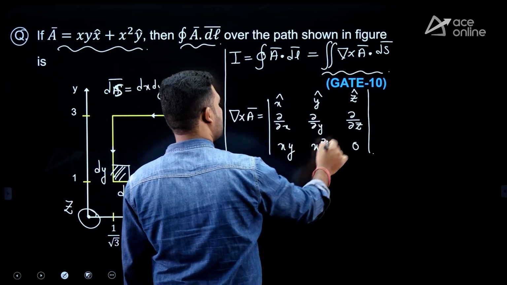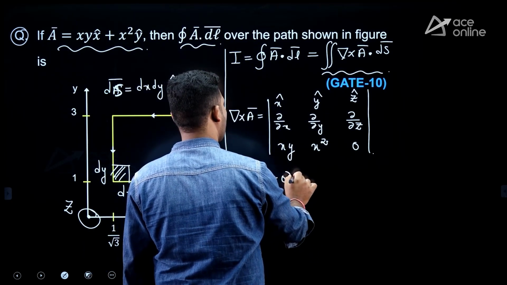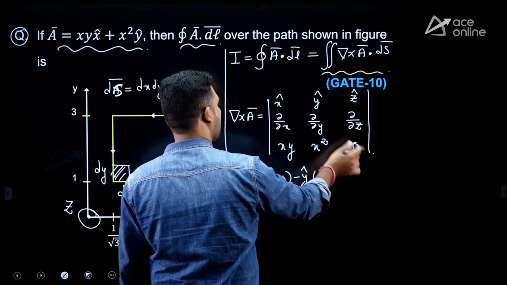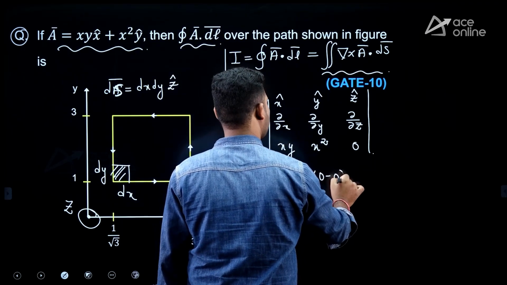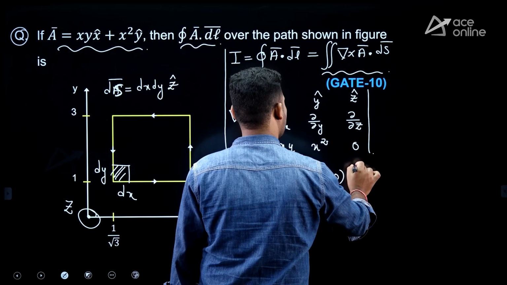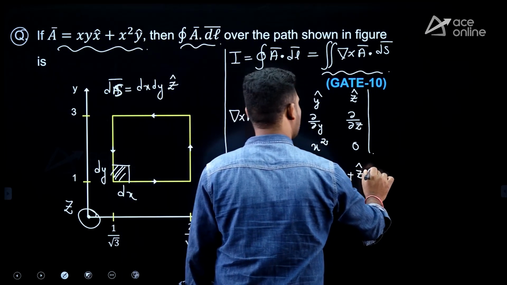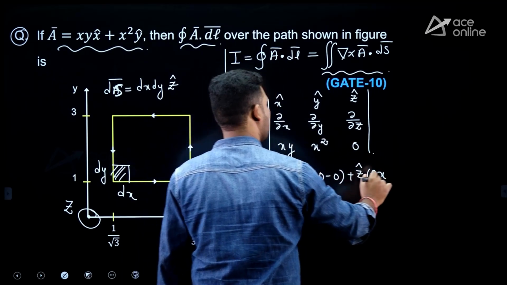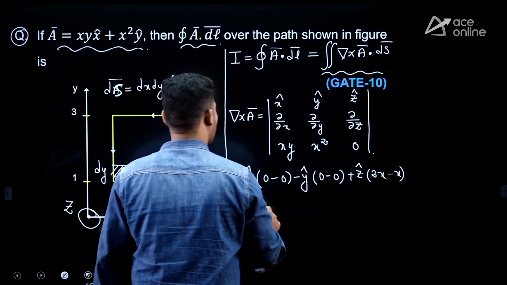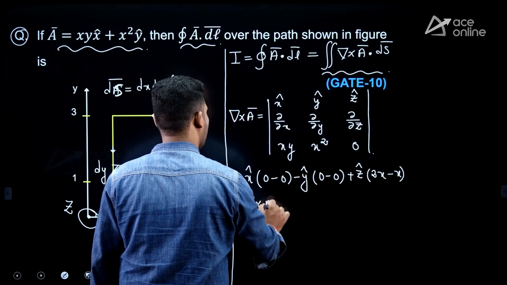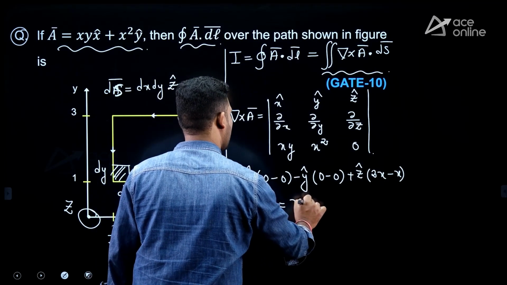So x cap into 0 minus 0, minus y cap into 0 minus 0, plus z cap into, it is 2x, minus x. Clear, guys? So del cross A is equal to x into z cap.